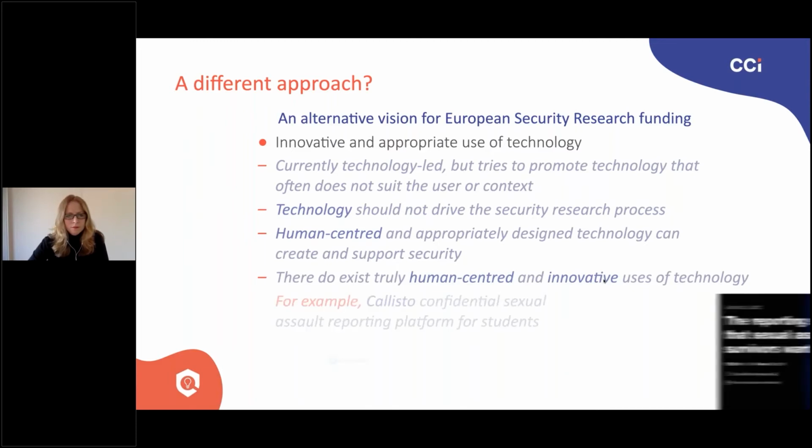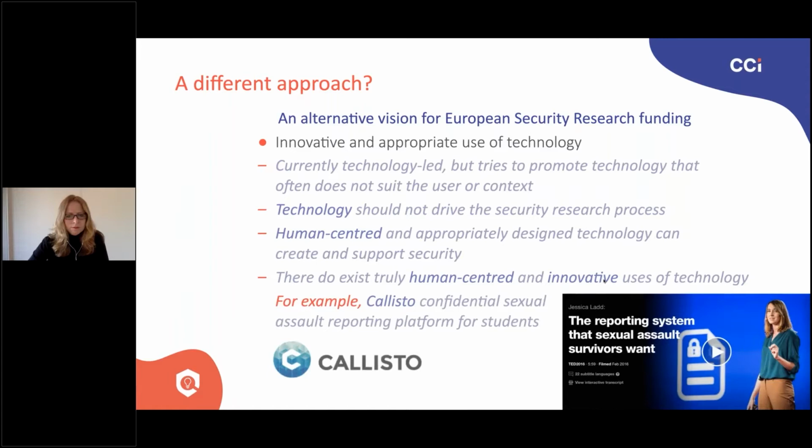A nice example of this is a system called Callisto, which is used for the reporting of sexual misconduct by university students in the United States. It's a system that's been very sensitively developed for what is quite a harrowing time, potentially.